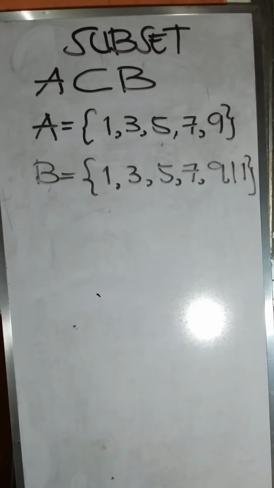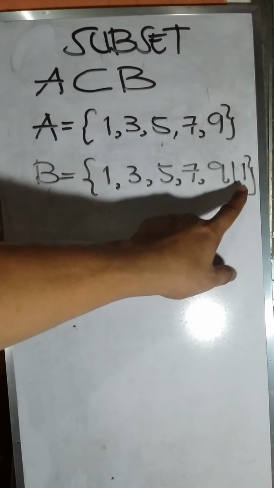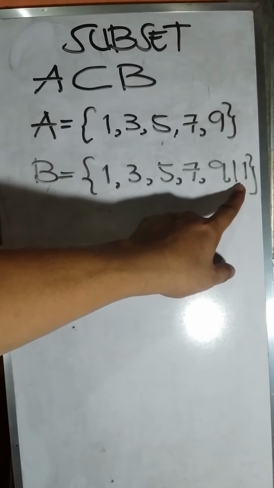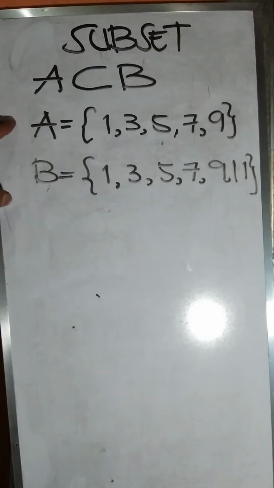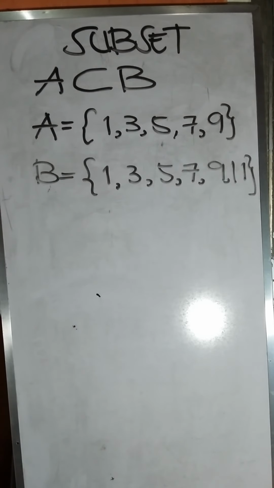So, that is a subset. Magiging proper subset po siya kung merong at least one element ng B, isang element, meron siyang 11 na wala sa A, kaya siya matatawag na proper subset.